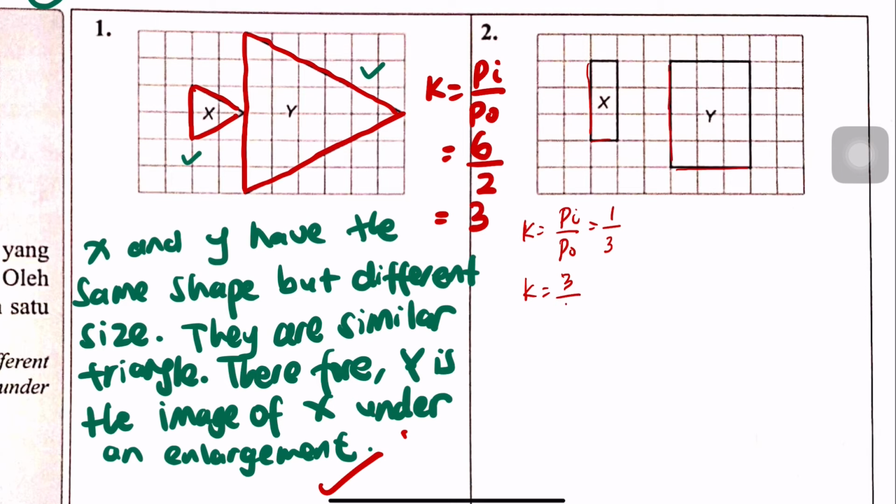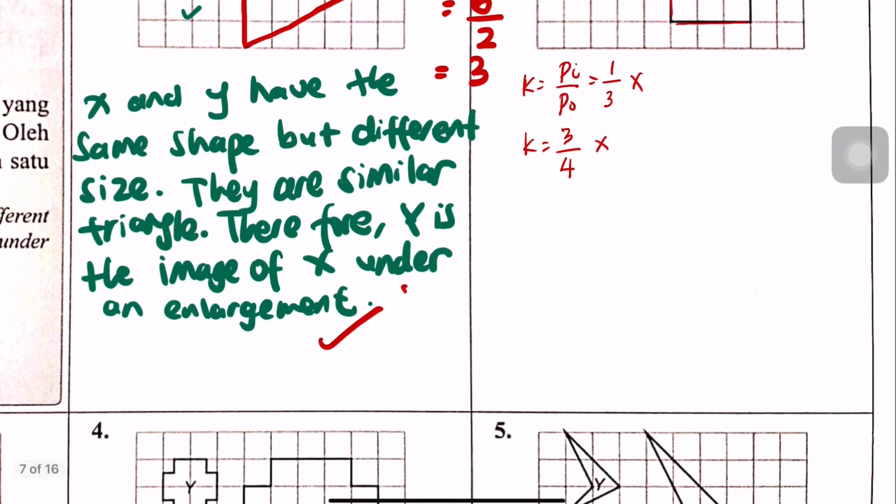It should be 1 over 3 if we simplify. So both K are not the same. Actually this is the ratio of the object. So it is not the same. So what can we conclude?